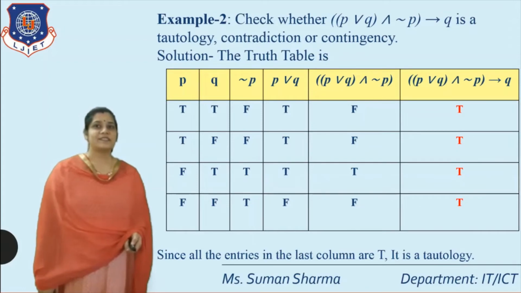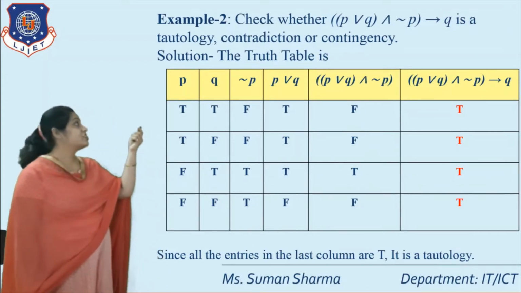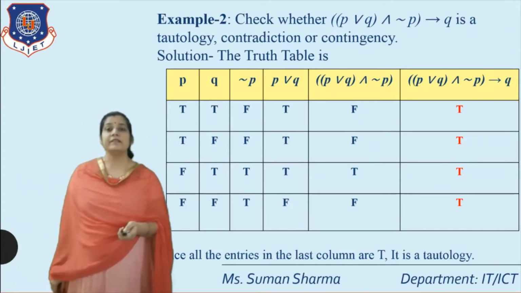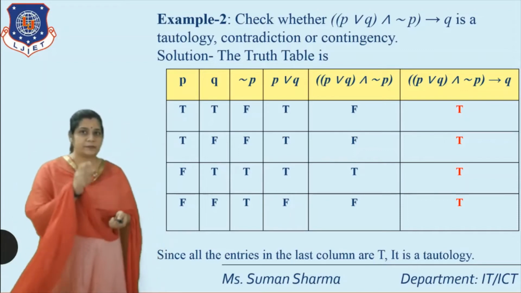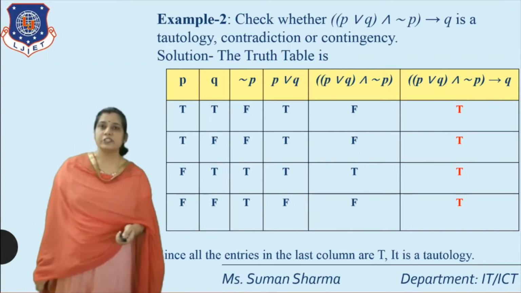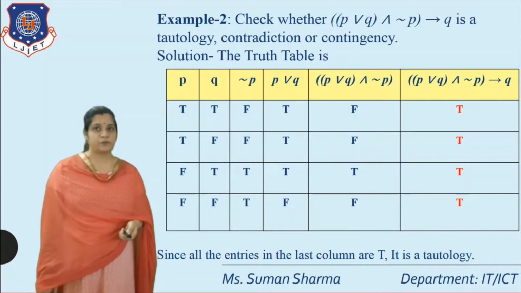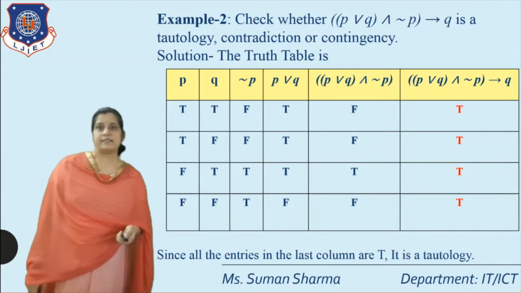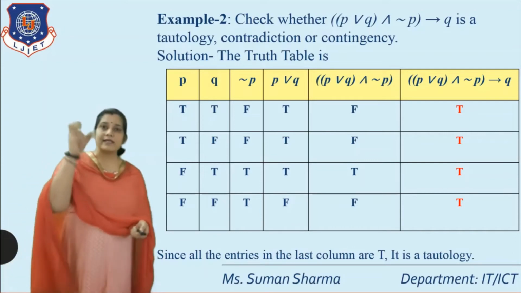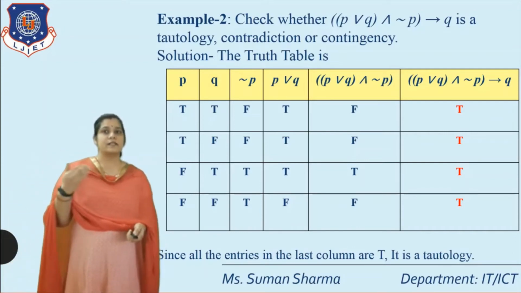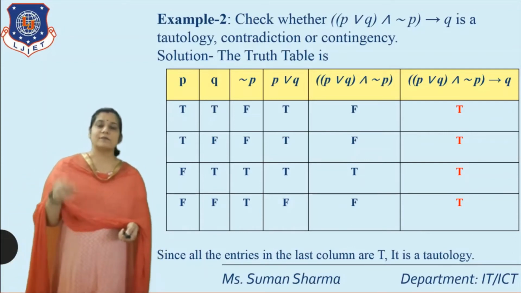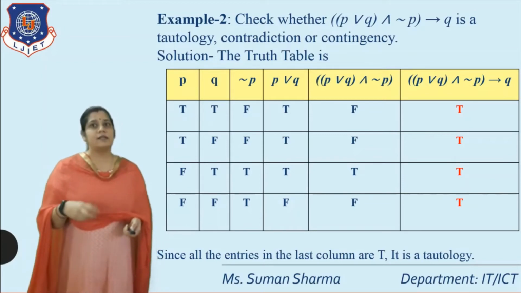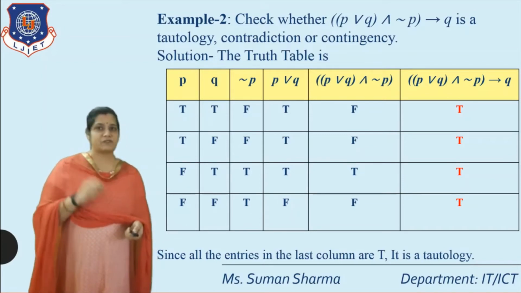The second example is to check whether (P disjunction Q) conjunction negation P and Q is a tautology, contradiction or contingency. That means in the last column all the values are T, or all the values are F, or we have mixed values.